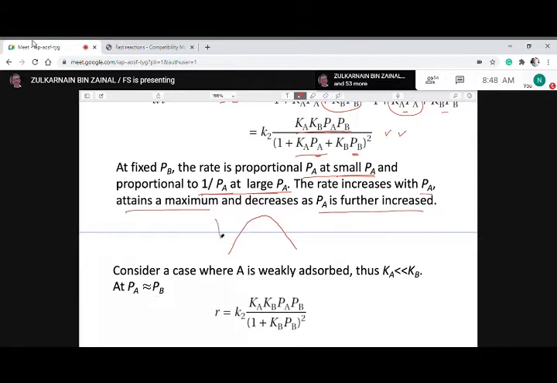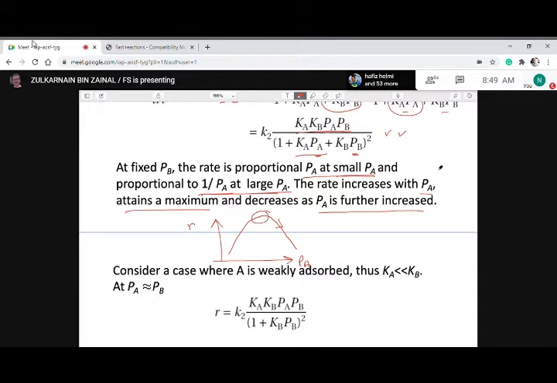So meaning that if you plot the rate of reaction versus PA, which is the partial pressure of A, what you can see is that the rate increases to a maximum, and then it will drop.